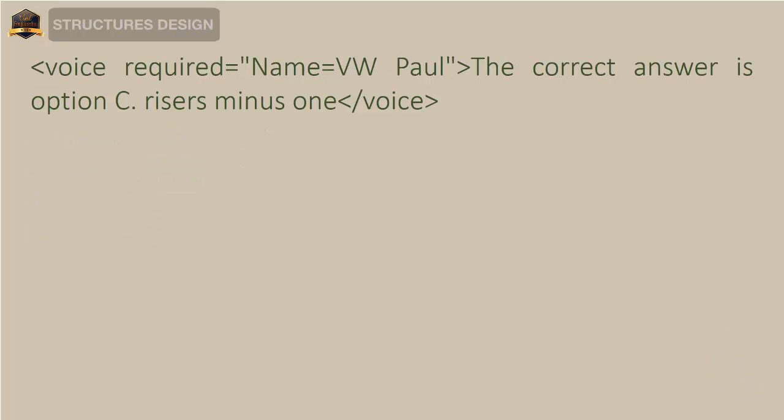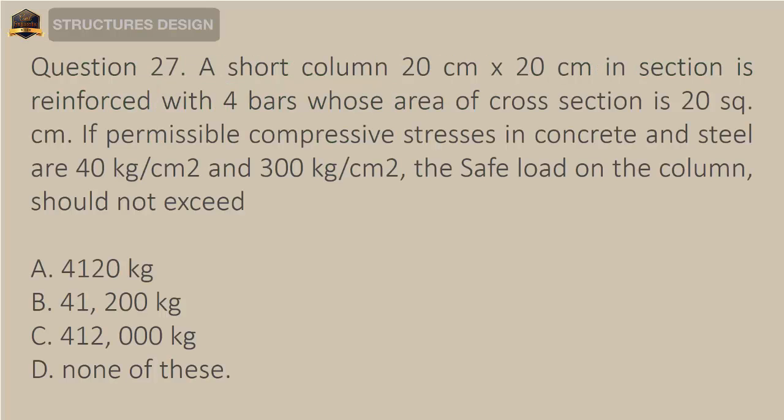Question 27. A short column 20 cm x 20 cm in section is reinforced with 4 bars whose area of cross-section is 20 square centimeters.